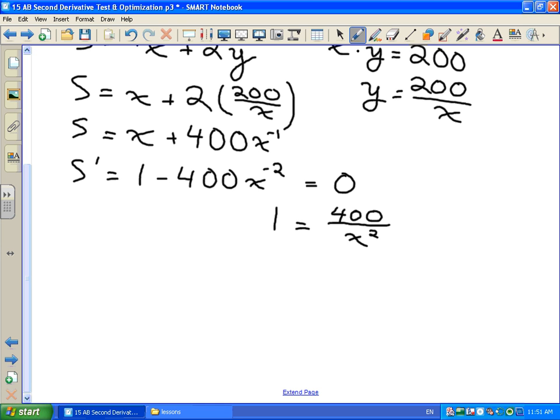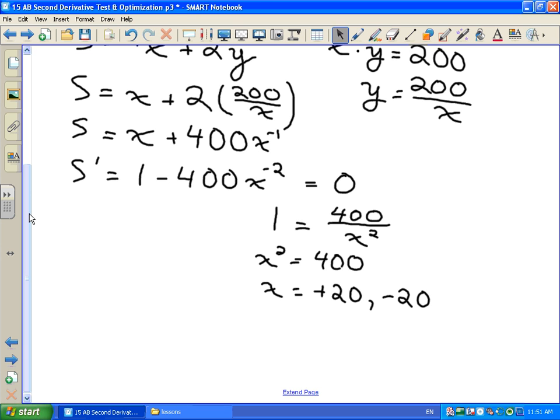I can solve this just by cross multiplying and get x squared equals 400. So what are my solutions here? 20 and negative 20. And I'll write them out separately here. Positive 20, negative 20.